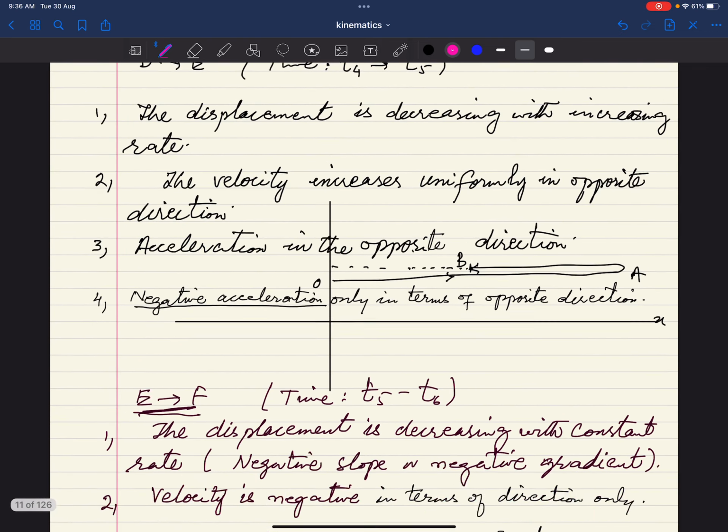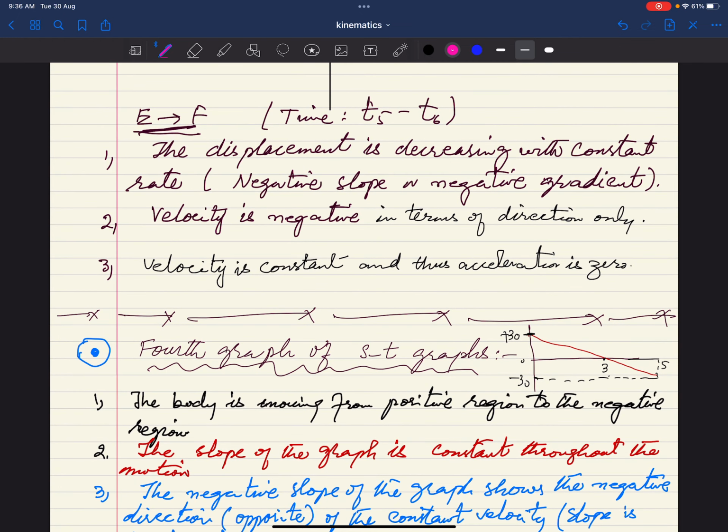So simply you can say that in this case again velocity is negative in terms of direction only. Velocity is negative in terms of direction only. So this is very important. And as velocity is constant, thus acceleration will also be zero, because I have already explained that (v minus u) over t is acceleration.